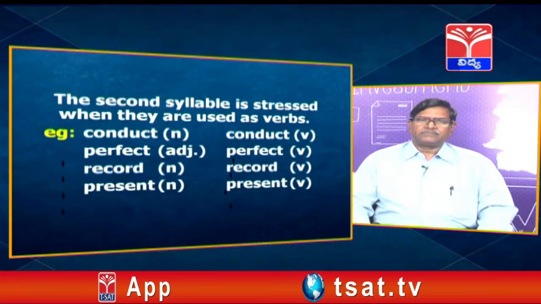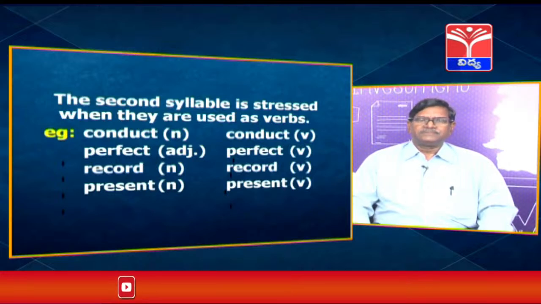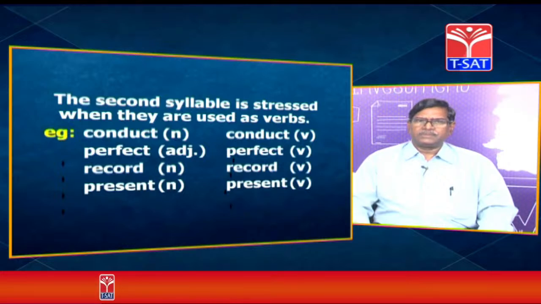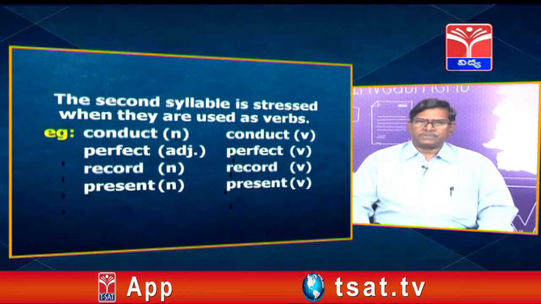It is perfect. The program was organized on perfect lines. Perfect. When it is used as verb, perfect. When it is used as noun, the first syllable gains stress, record.